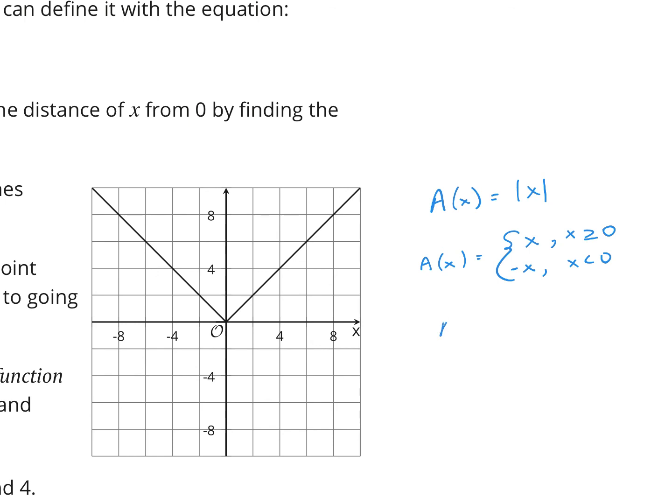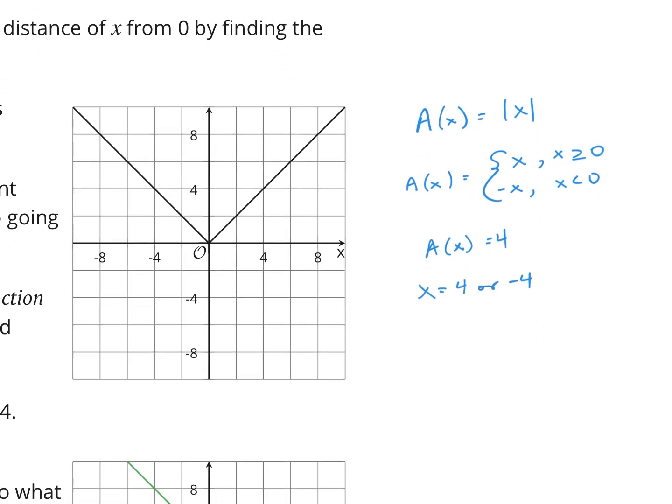If we know that a of x is equal to 4, so the output is equal to 4, we can figure out what values of x would make this a true statement. So we want to think of the numbers that are 4 away from 0. And so in this case, x can be 4 or -4 because both of those are 4 away from 0.